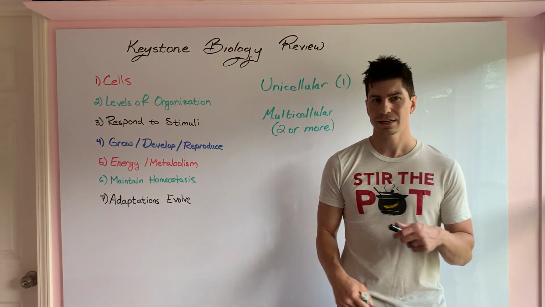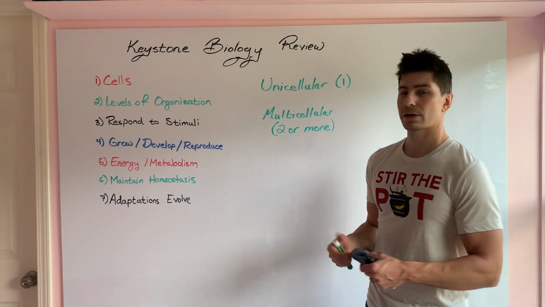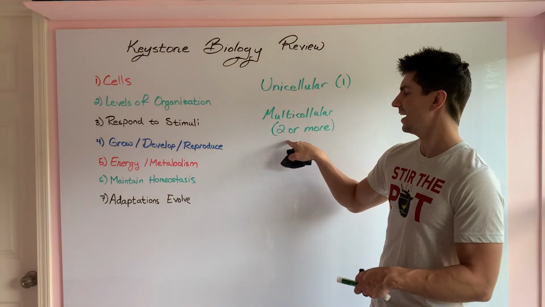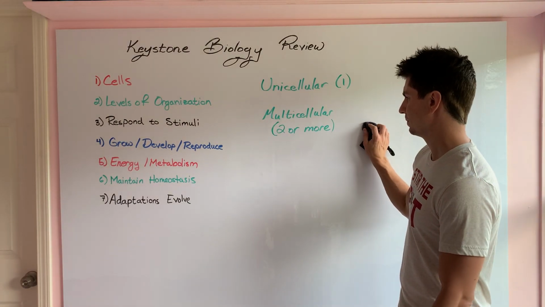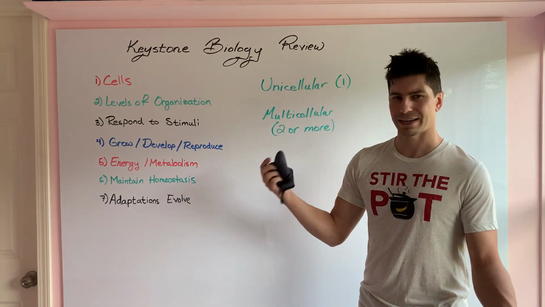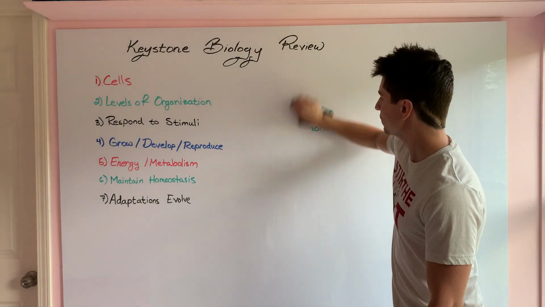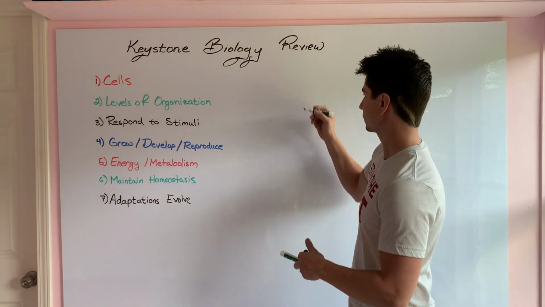Bacteria, archaea, things like that, are going to be unicellular. They're only made up of one cell. So bacteria, unicellular; us, plants, funguses, all the different fungi out there, they're all multicellular.